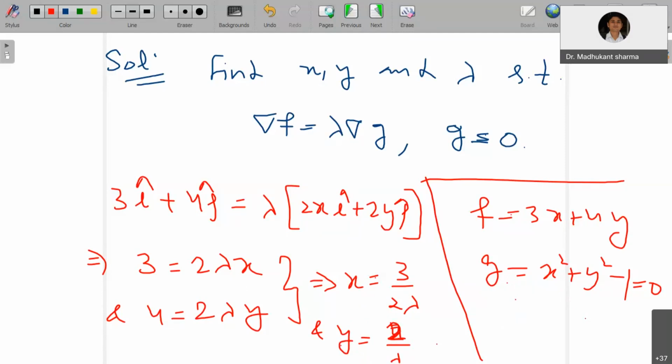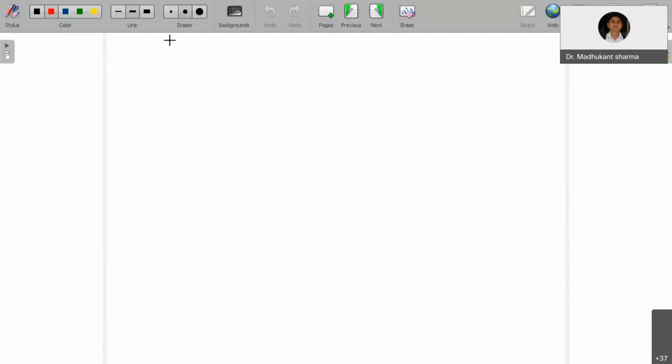So g equals 0 implies x square plus y square equals 1. Now x equals 3 by 2 lambda, y equals 2 by lambda.